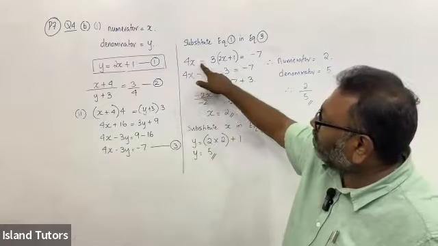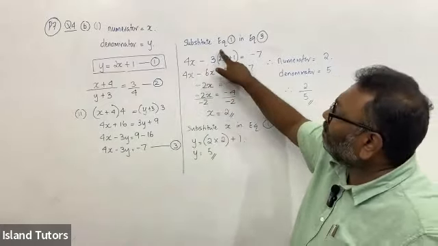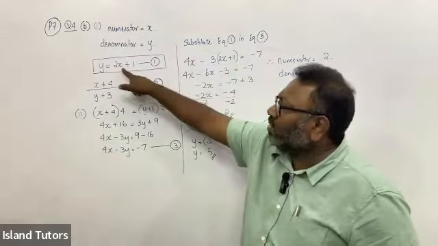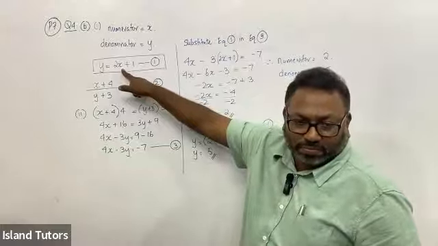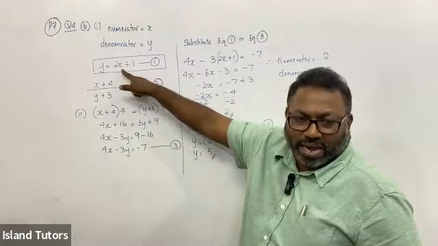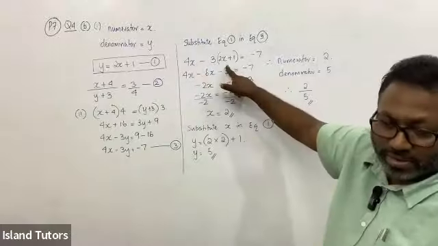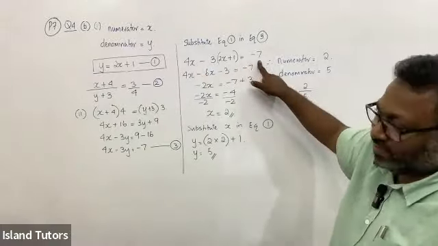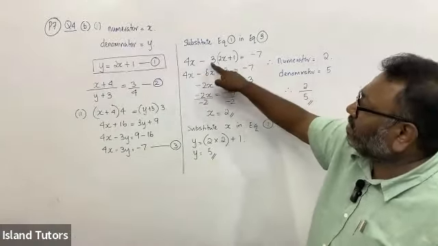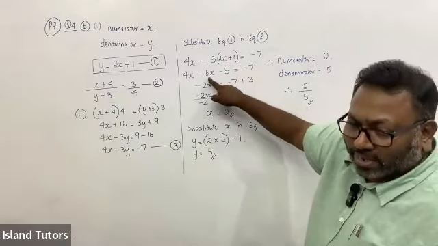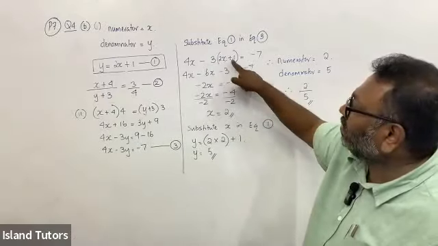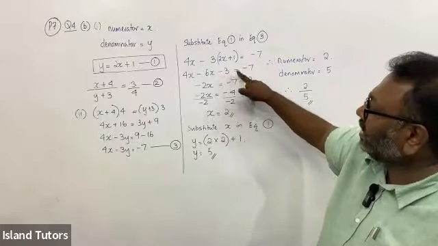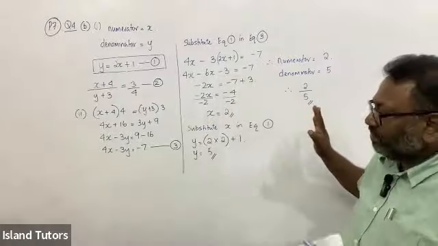So instead of y, we put 2x plus 1: 4x minus 3 into 2x is minus 6x, minus 3 into plus 1 is minus 3, equal to minus 7.